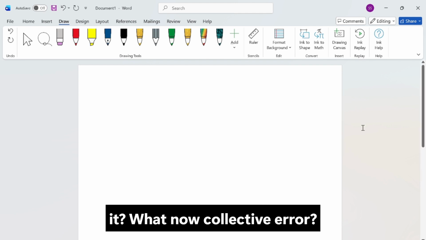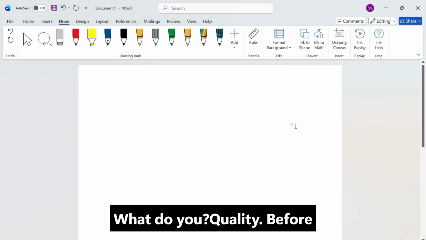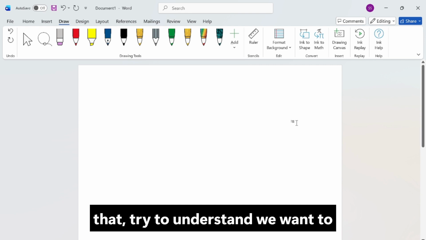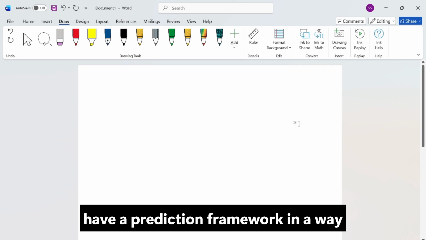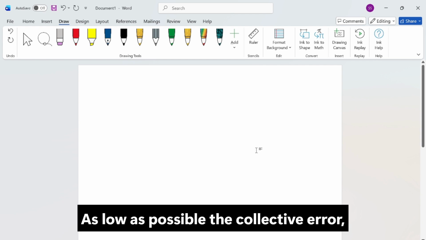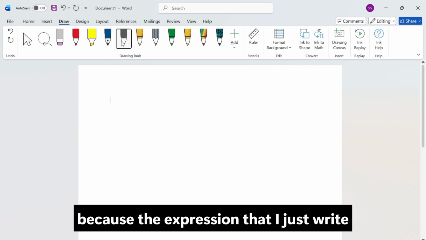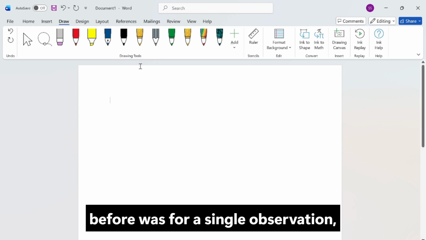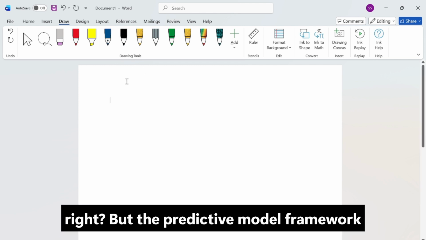Fine. Now, collective error, what do you call it to be? Before that, try to understand we want to have a prediction framework in a way that it must have as low as possible collective error, because the expression that I just wrote before was for a single observation, right?